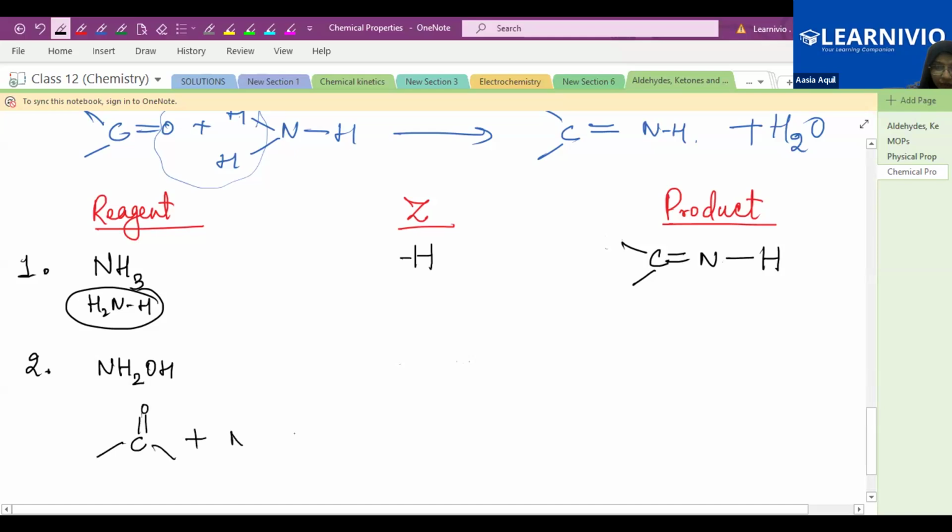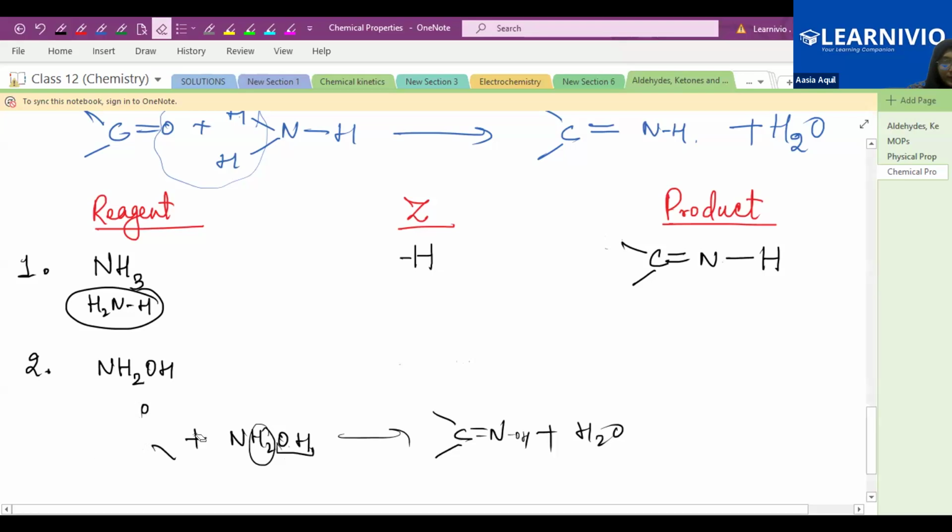With NH2 and OH, you know very well, you remove two hydrogens from here and one oxygen from here. So basically, you remove water, and you form carbon double bond nitrogen, and whatever is present other than NH2, that is OH, is attached.